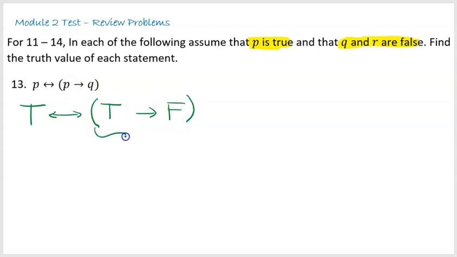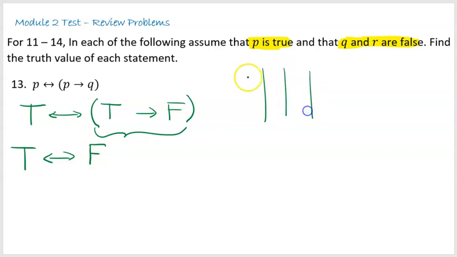So let's handle this if-then statement. True implies false. In other words, we're doing our parentheses first because we know the truth values of both of those. And true implies false is, do you remember what that is? That's false. Now, if you need to go back to your truth table for an if-then statement, so if you have P and Q and if P, then Q, then if you have them both true, it's true.